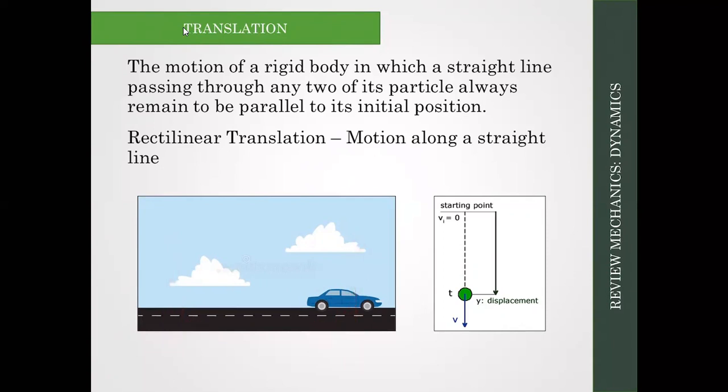So ang isang example pa ng rectilinear translation are falling bodies natin, yung mga free fall. Like for example, meron tayong ball na dinrop natin at certain height. So let's say, nasa taas tayo ng roof ng bahay natin. Then we try to free fall ang ball.